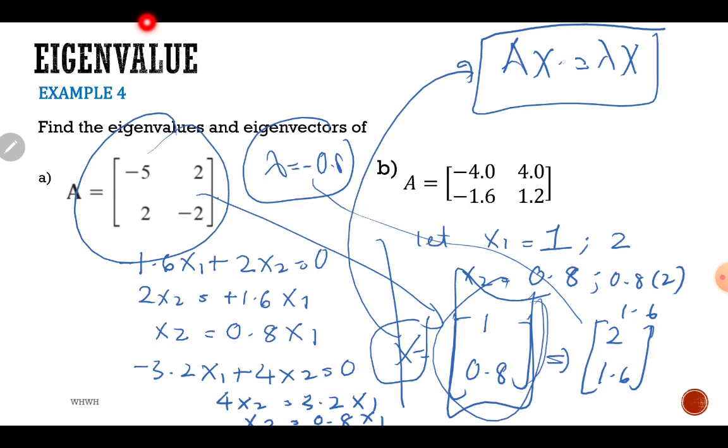Okay, AX sama dengan lambda X. Alright, so for proof, I leave it to you to settle and make sure in your classwork submission you buat sampai you are able to prove AX, okay, matrix A darab dengan eigenvector that you have find out is equals to the eigenvalue that you have found out, multiply with the eigenvector that you have find out.